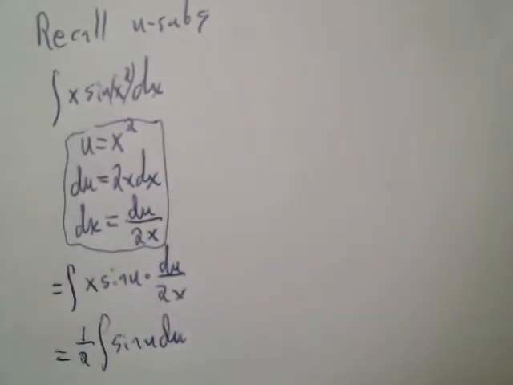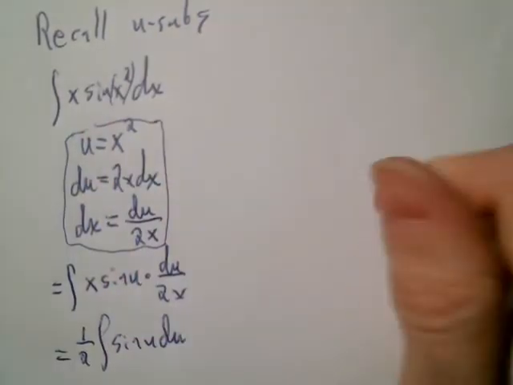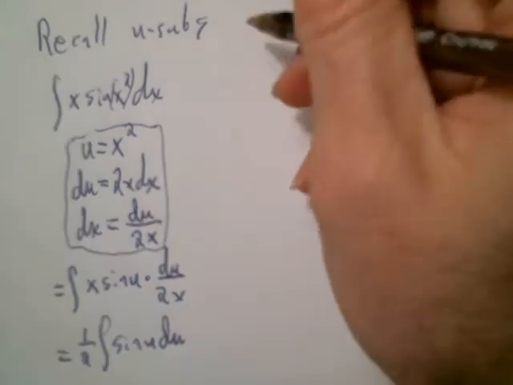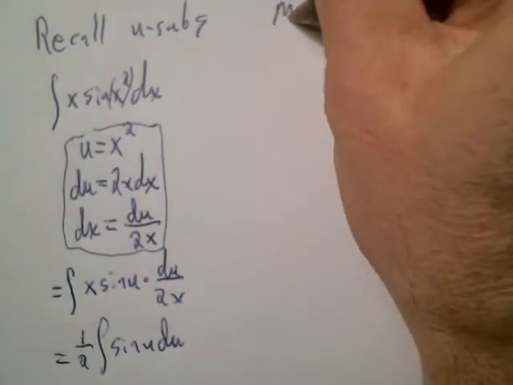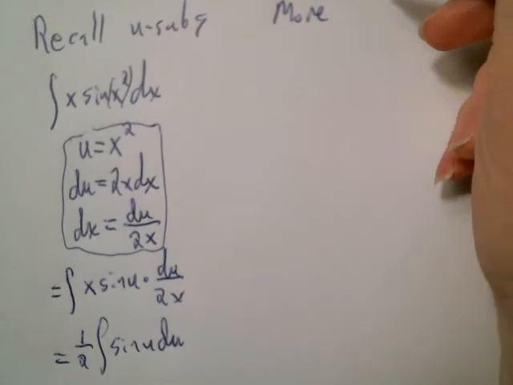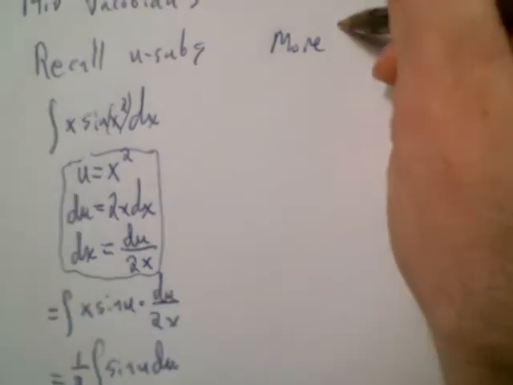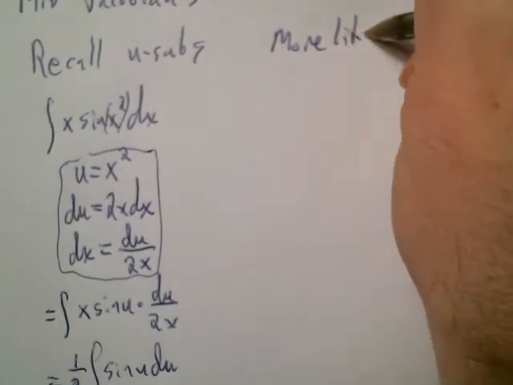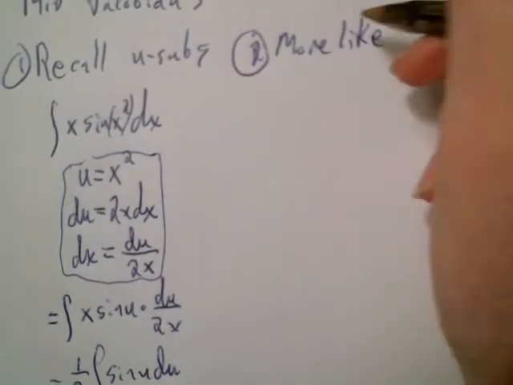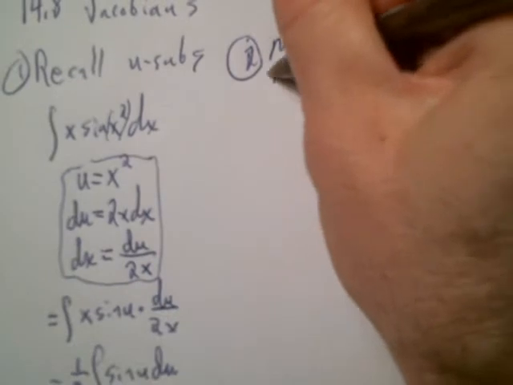So that's one type of U sub. The other type of sub is more like the trig subs that you had.